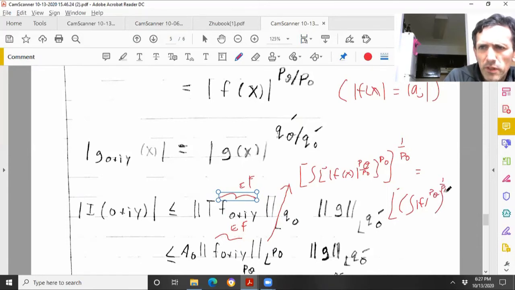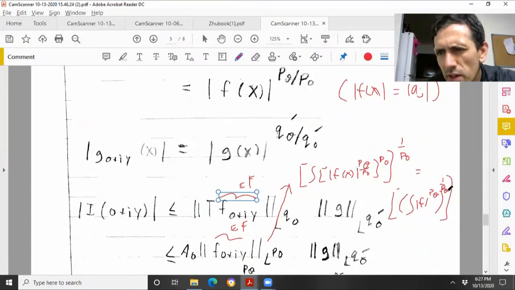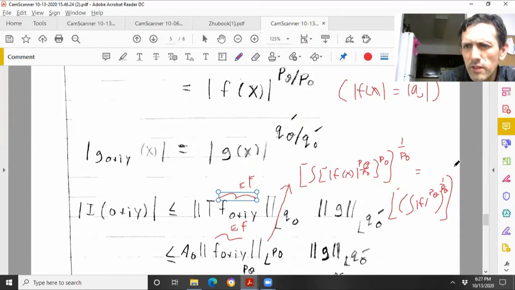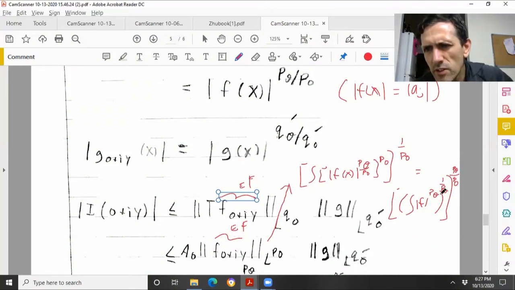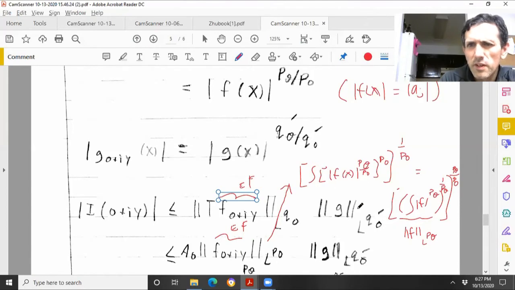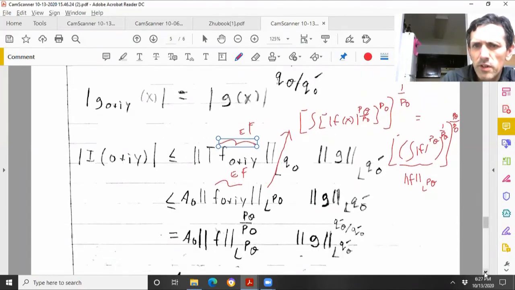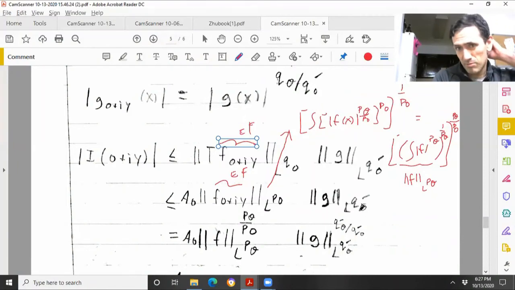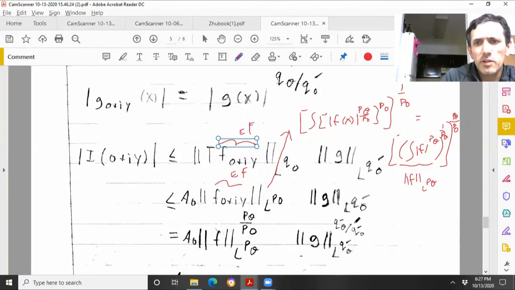Let me write this as p theta over p0. So these p thetas cancel, but the point here is that this is the L^{p theta} norm of F, to the power p theta over p0. We get this here, and basically the same argument, not really an argument, but just compute this, you get the L^{Q theta prime} norm, but we are assuming both of these are 1.